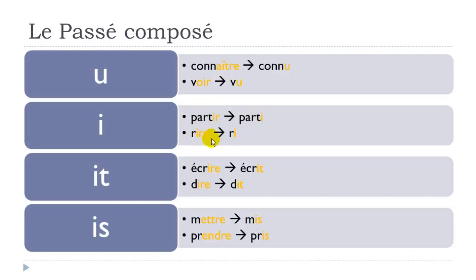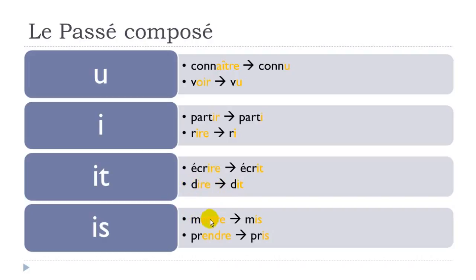Rire, I-R-E, it will give you ri, okay, partir to leave, and then rire to laugh. Écrire, to write, I-R-E, will give écrit, okay. Remember that even if you've got this final T, you don't pronounce it, so it goes like écrit. Dire, I-R-E as well, will give you dit, same thing here, but you pronounce it I, okay. Écrire, to write, dire, to say.